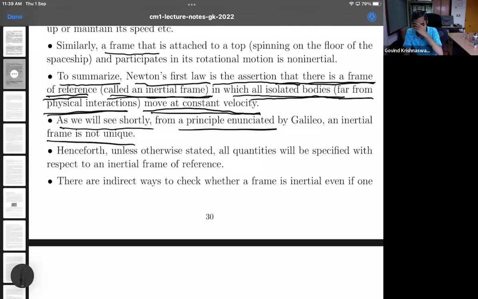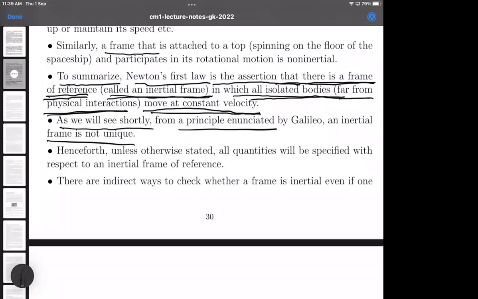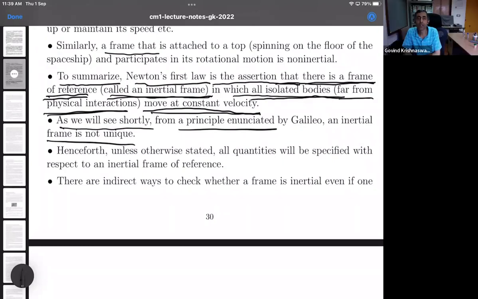Okay, so let's do this a bit more carefully. See, the assertion is that if you have an isolated body that is free from all interactions, then you can find a frame in which it moves at constant velocity. That is the assertion. Now, if you want to apply that to the Earth, you have to be somewhat careful.